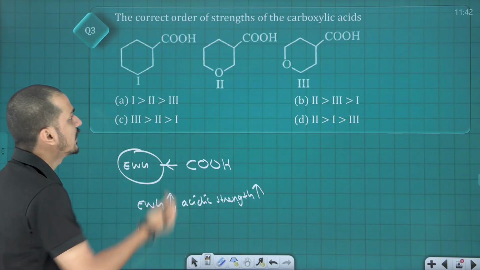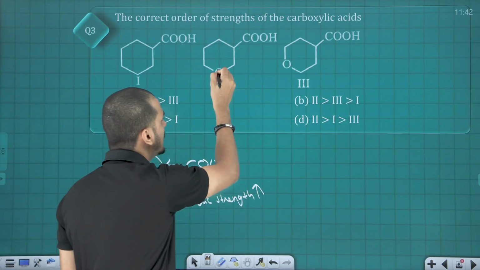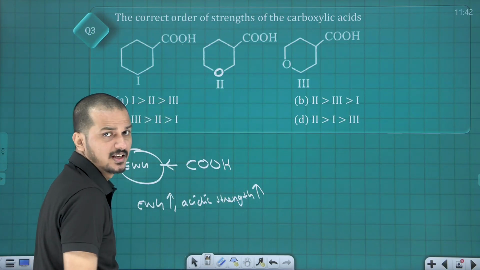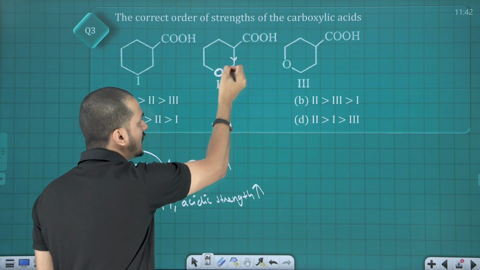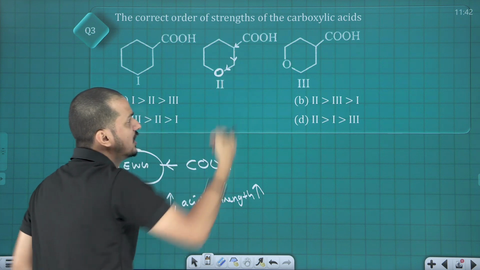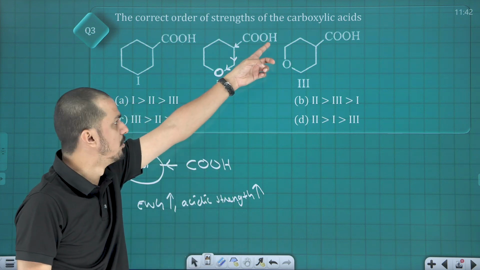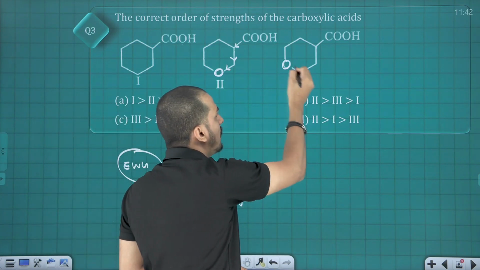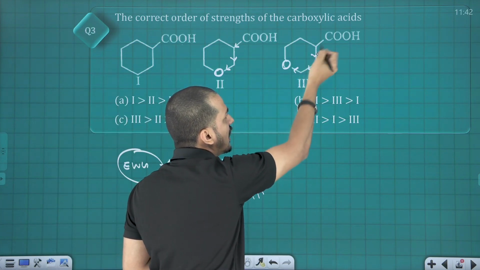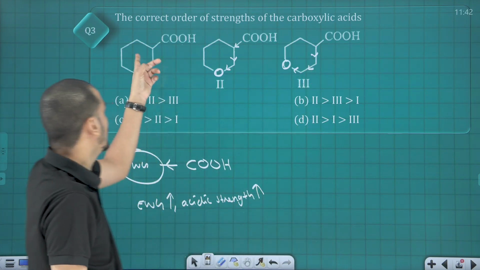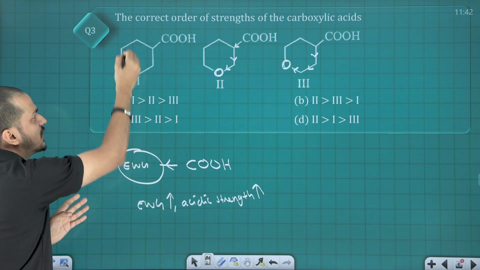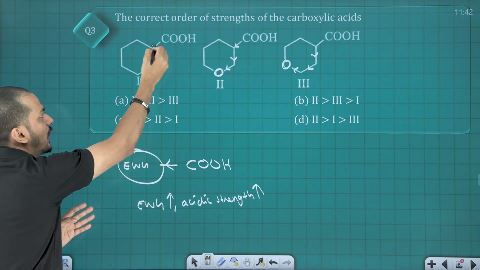Now you see here, oxygen is there in the second option. It is electron withdrawing. That will withdraw the electron through this one, so automatically H plus is easily removable. Here also oxygen is there, but this oxygen is far away. Here all groups are CH2, all electron donating groups.